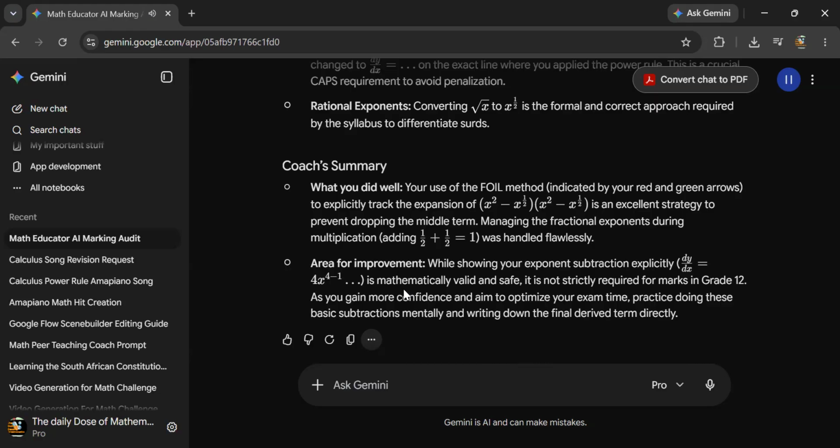Managing the fractional exponents during multiplication, adding 1/2 plus 1/2 equals 1, was handled flawlessly. Area for improvement. While showing your exponent subtraction explicitly, dy/dx equals 4x to the power of 4 minus 1, is mathematically valid and safe, it is not strictly required for marks in Grade 12. As you gain more confidence and aim to optimize your exam time, practice doing these basic subtractions mentally and writing down the final derived term directly.